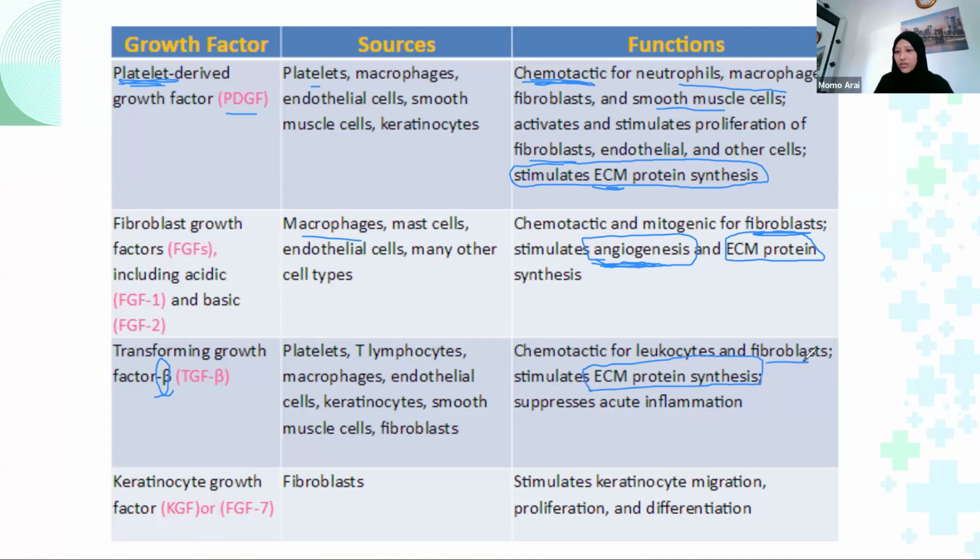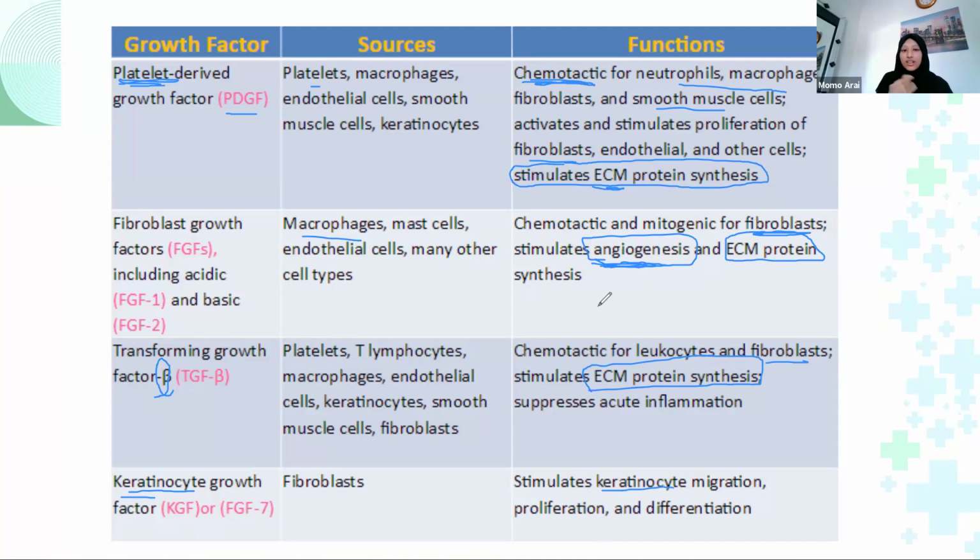And the same thing, whenever you see fibroblast, it comes most of the time hand in hand with extracellular matrix, okay? The last thing here is keratinocytes. From the name, it's the epidermis one, if you want to think about it. Keratinocyte growth factor is for keratinocytes, from the name itself. So it's not that hard to memorize this one and the epidermis one.